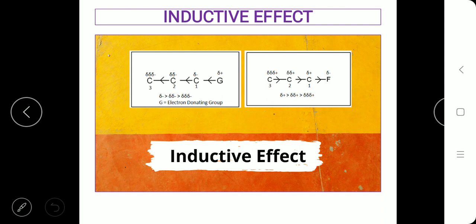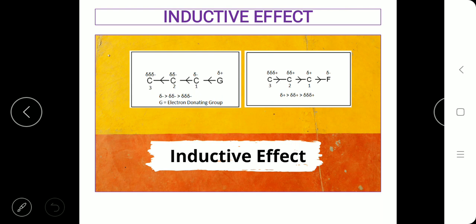At C3 you don't see as many electrons as at C2, and comparing C2 and C1, carbon number 1 has more electrons than carbon number 2. So below that we see the greater than sign: C1 has more electrons than C2, and C2 more than C3.